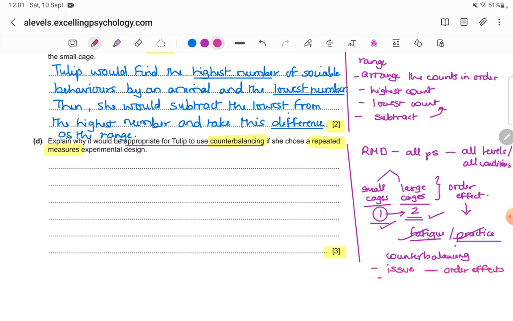Next is, of course, you have to specify, elaborate on the issue. Specify what problem is created. Okay. So specify the problem. Be relevant when you're specifying towards the research scenario. Like I explained to you what could be the problem. Finally, explain how counterbalancing resolves this problem.